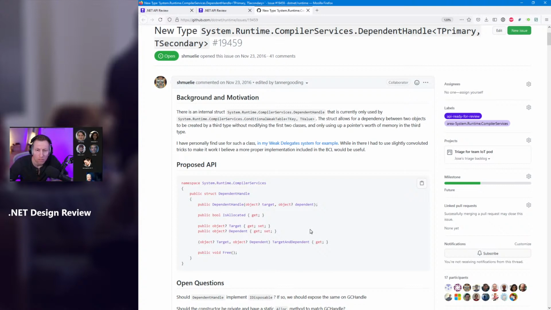They are methods today on the internal dependent handle. The discussion below ended up ultimately landing on properties, but I'm not sure if there was a particular preference either way. Jan was the one in particular that suggested properties may be more appropriate for all three of them.